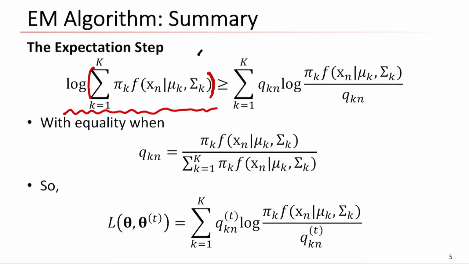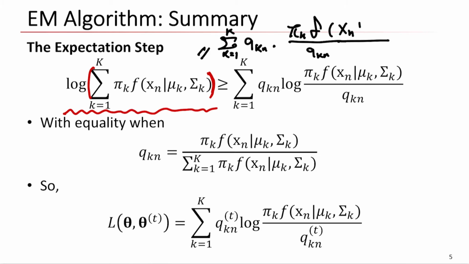Then we want to introduce a new summation term, like QKN times pi K times the Gaussian of X N given mu K and sigma K. Okay, we just introduced this term, right?